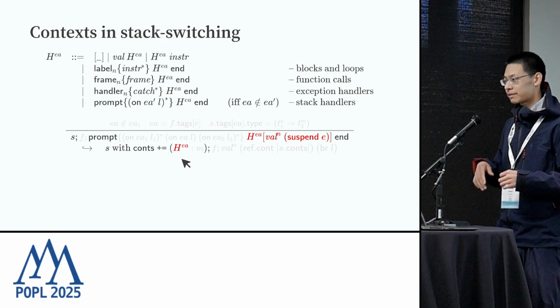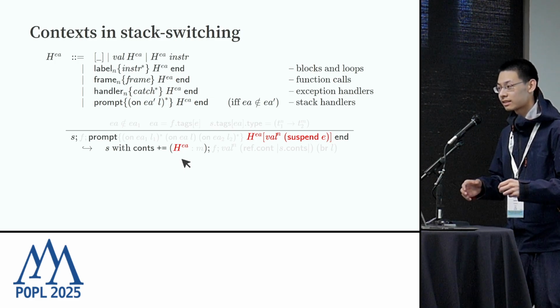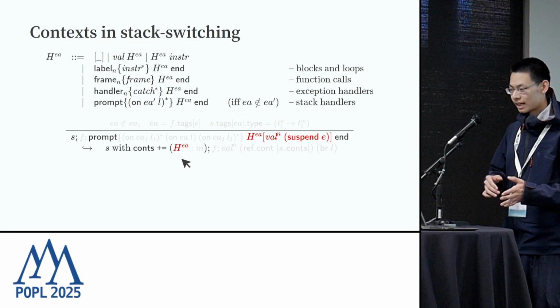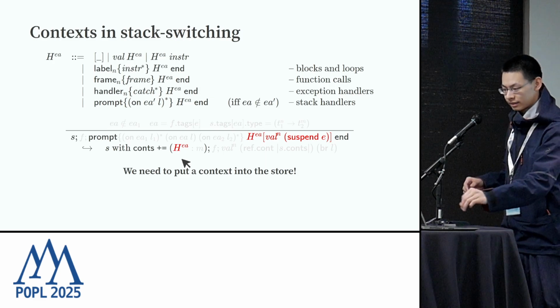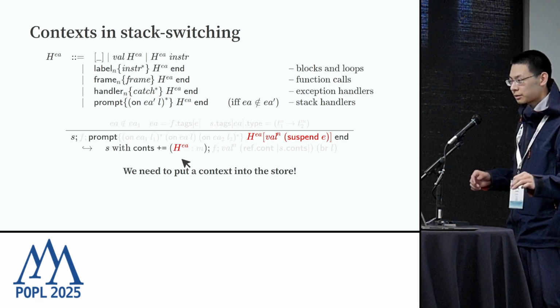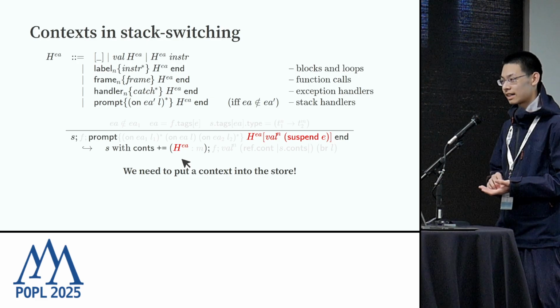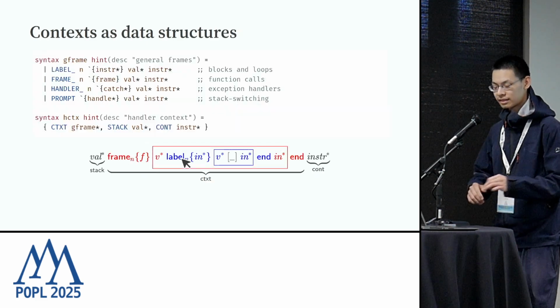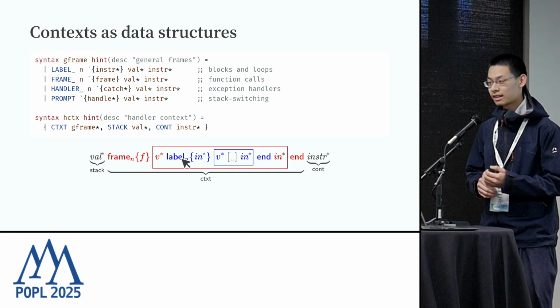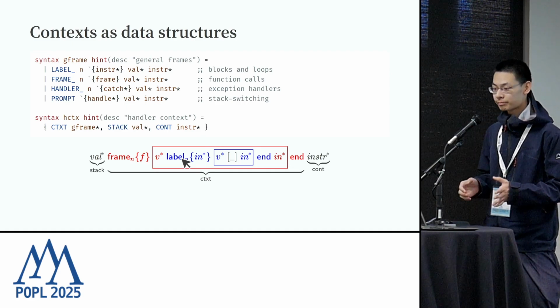So in the specification, we store the context directly in the store as a component of the continuation. So we need to reify the context, probably not as a tree. My implementation was to make the context a list of frames.